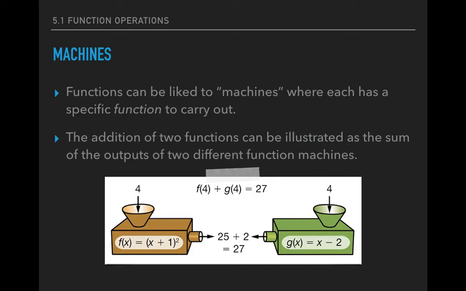That can be illustrated as taking the function f at a particular value and finding its output, taking the function g at a particular value and finding that output, and then just adding the outputs together. And that's what you're seeing modeled with the functions f and g for the value 4. We evaluated each of them separately and then added the outputs together.